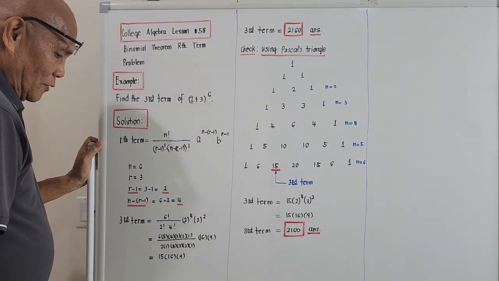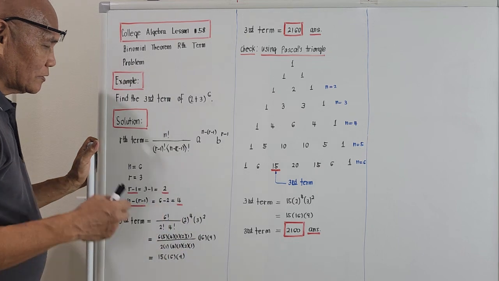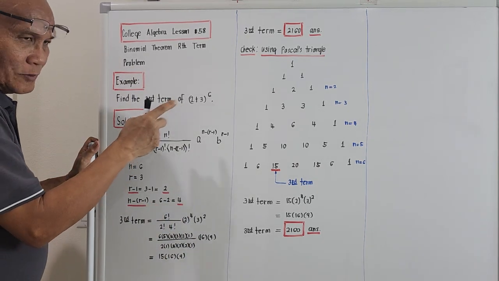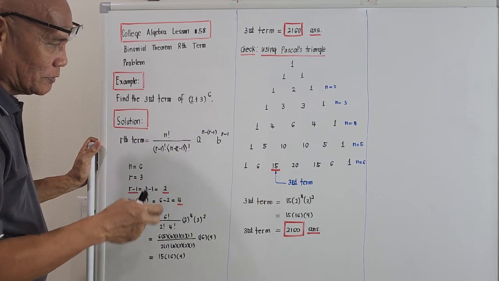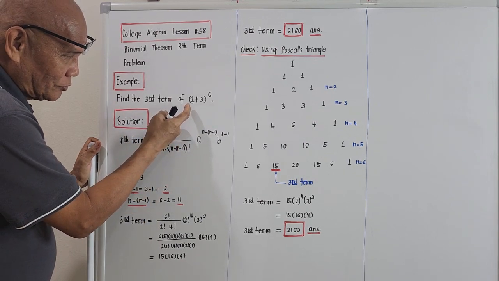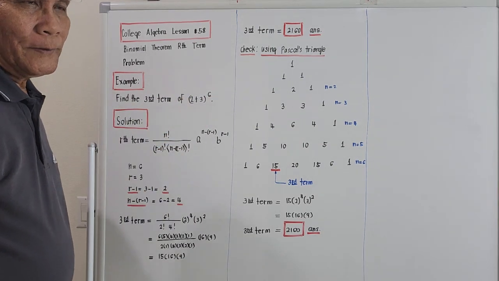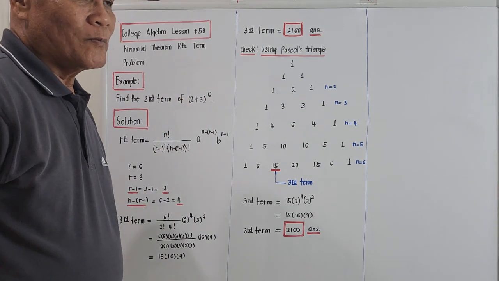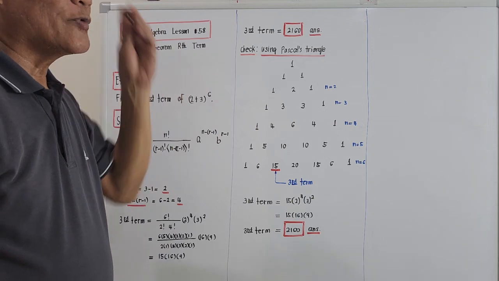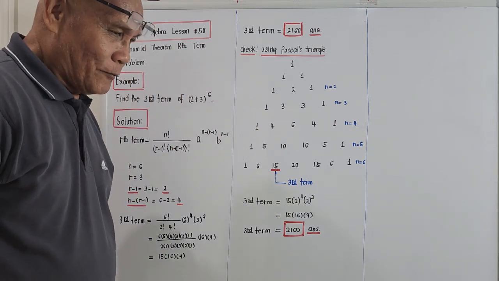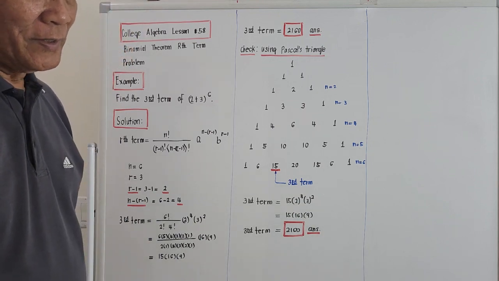I will give you an example problem. Find the third term of the binomial expression, the quantity 2 plus 3 raised to the 6th power. I placed numbers here so we can visualize whether our formulas are correct.